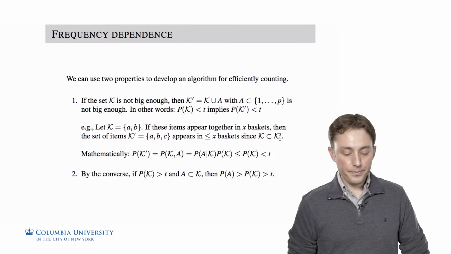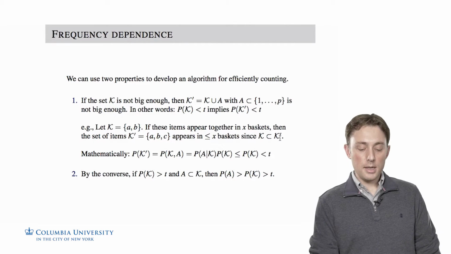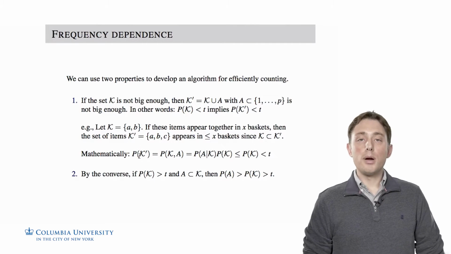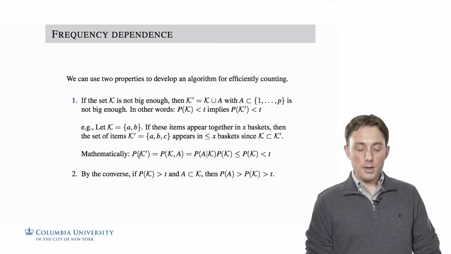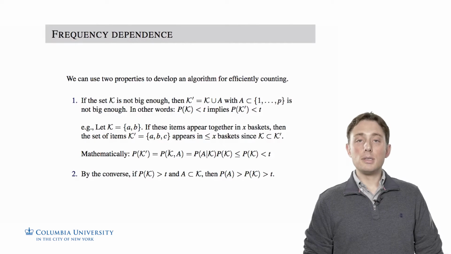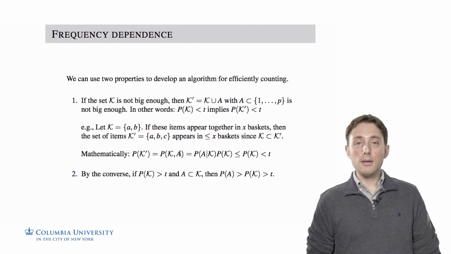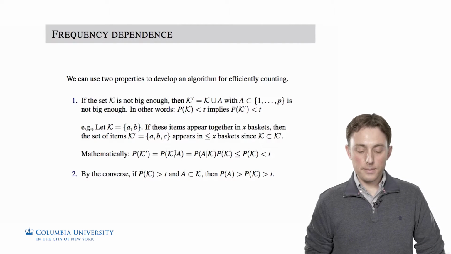Mathematically, what that means is that we can write the probability of the set K prime as the joint probability of the set K and the set A, where these two sets are disjoint.